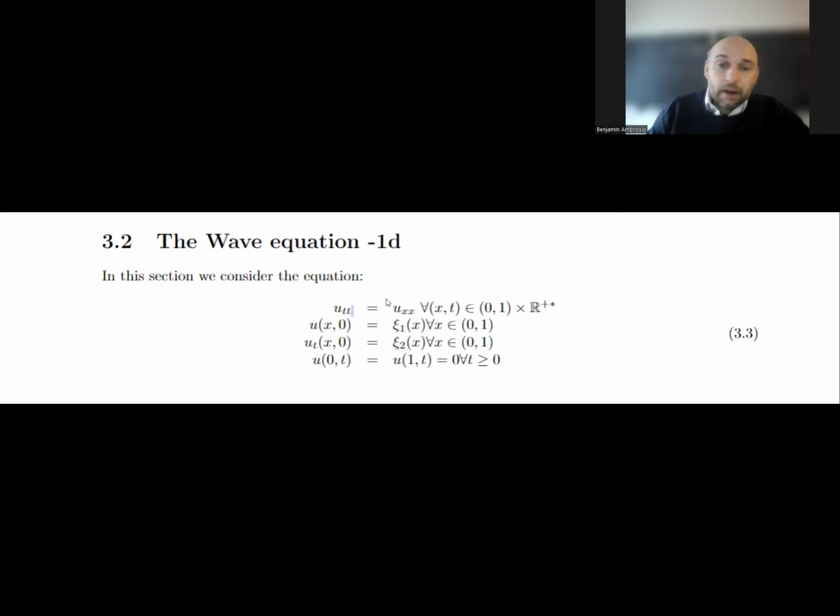But here we have the second derivative. So the first thing that I propose to you is to put that equation in order 1, meaning that I don't want a second derivative here, I want just the first derivative. So try to put this equation in a form where we have only one derivative.